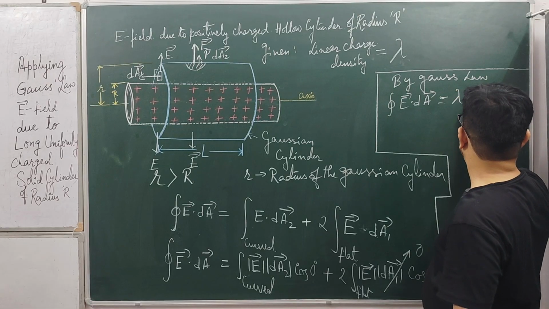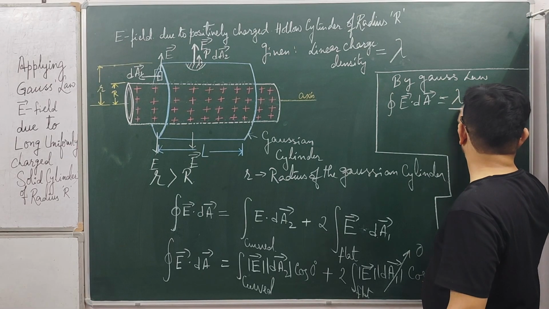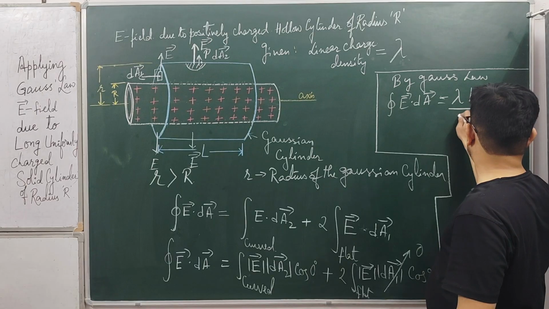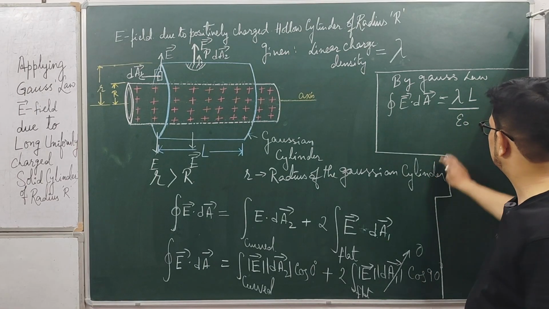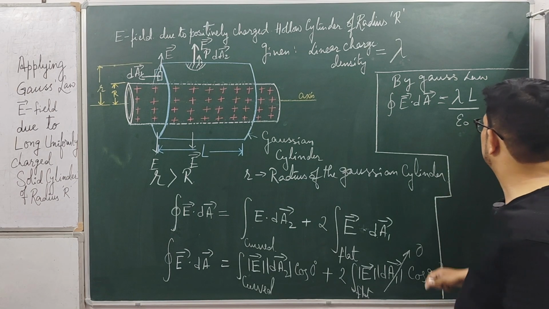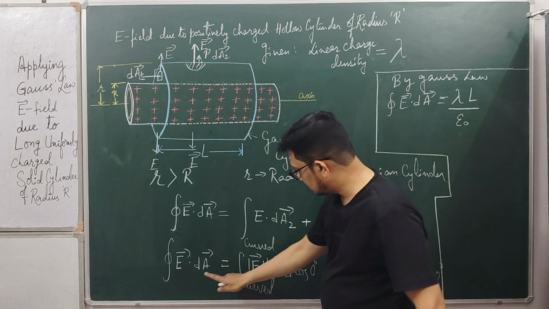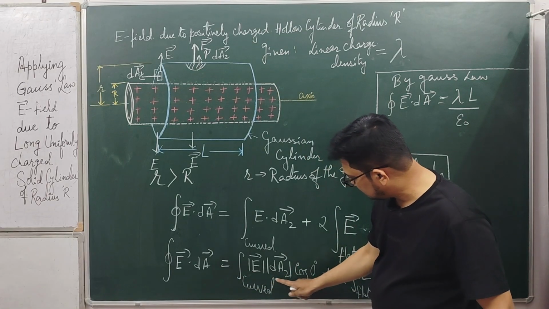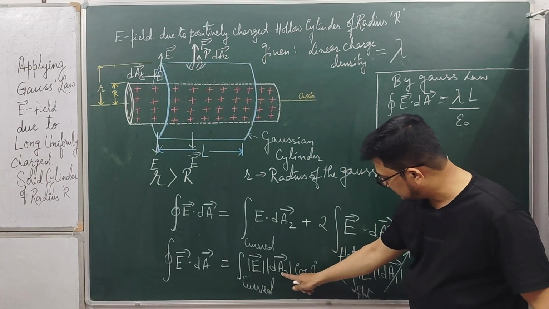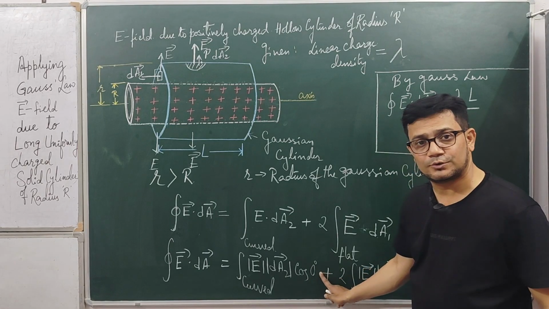So this comes out to be lambda L in the numerator, divided by epsilon naught, which is the electrical permittivity of free space. And from the earlier expression we know the net flux is just equal to the integral of E dA2. Why? Because cos 0 is 1.